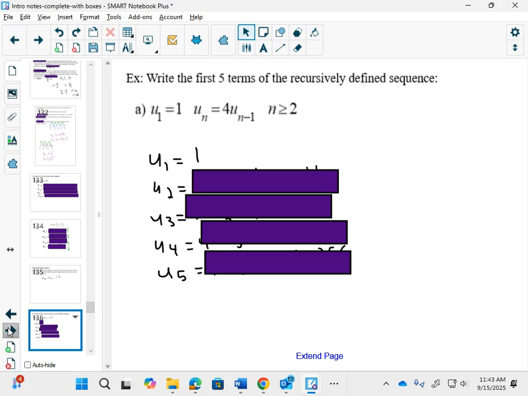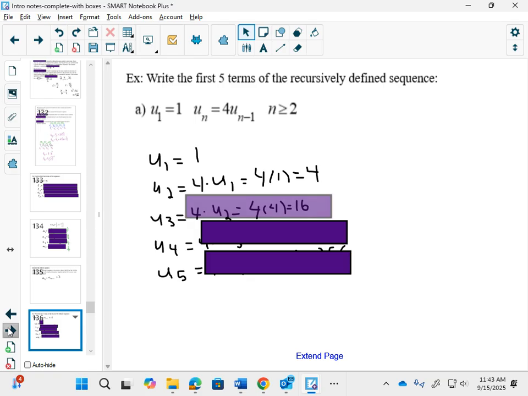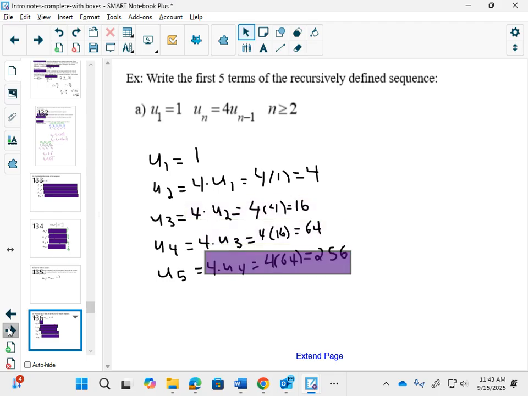But if I want to find the second one, it's going to be 4 times the first one, so it's going to be 4. The third one is going to be 4 times the second one, so it's going to be 16. And so this is a recursive formula for this geometric sequence.